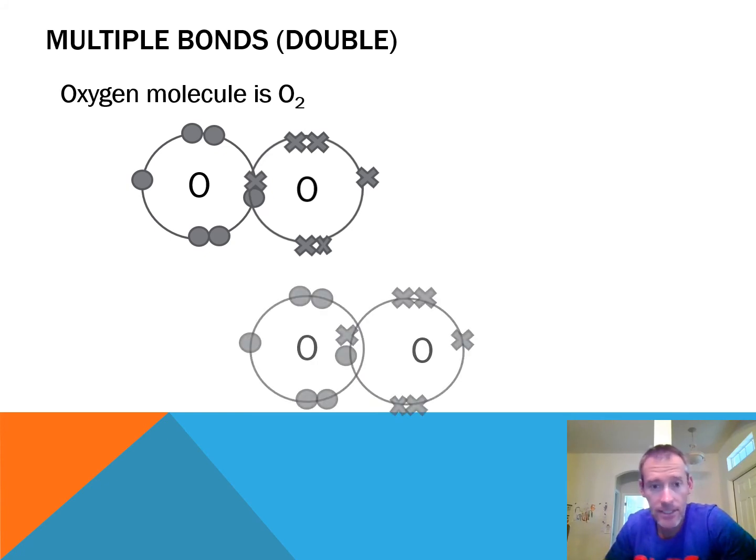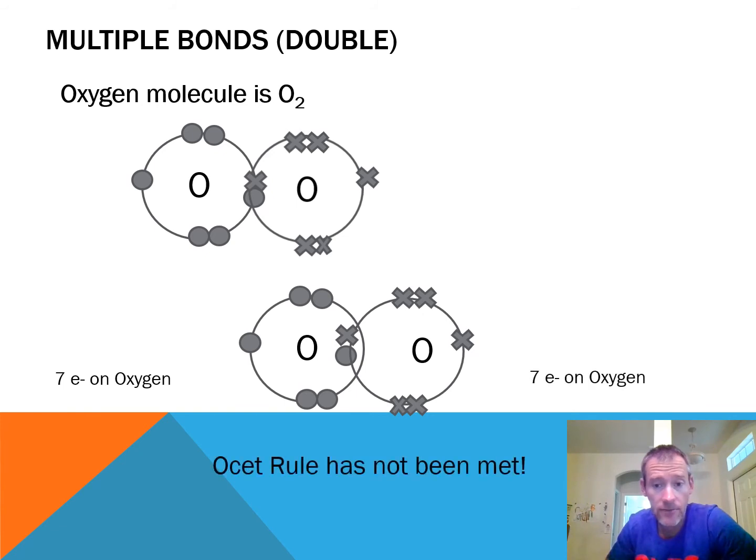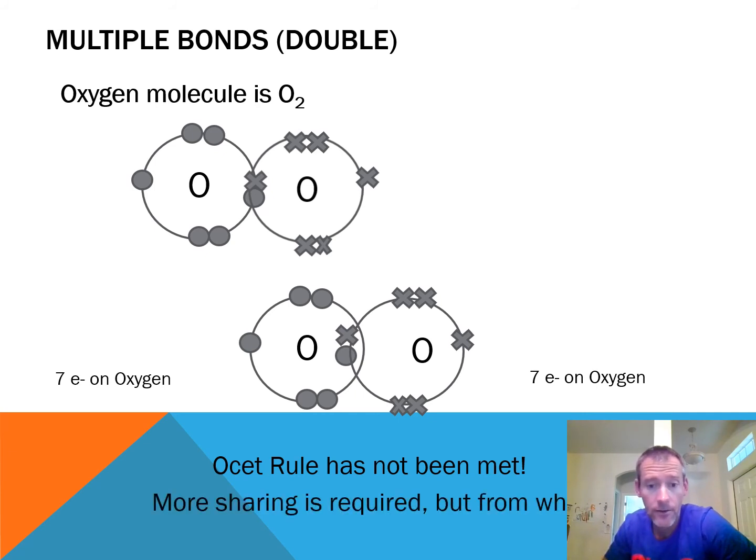So what happens is, with 7 on each side, they're going to share because the octet rule is not met. More sharing is required, but from where? That's where the electrons on the outer ends come in and make a bond.